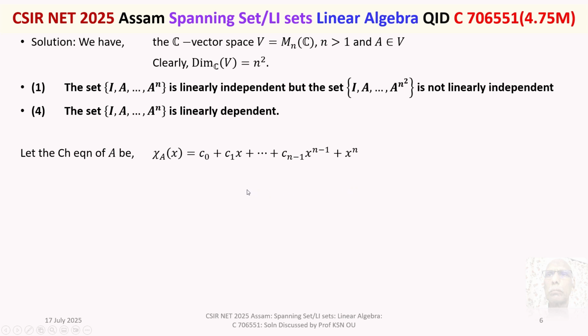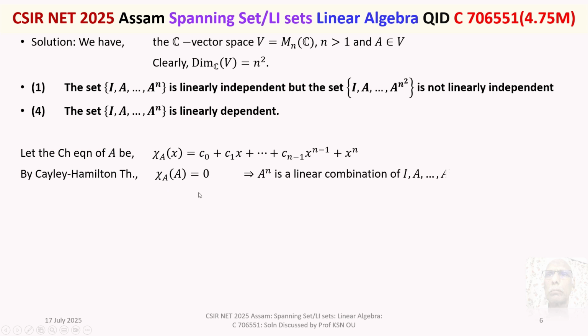By Cayley-Hamilton theorem, every square matrix satisfies its own characteristic equation. That means chi A of A is equal to 0. That means to say C0I plus C1A plus etc., plus Cn minus 1A to the power of n minus 1 plus A power n is 0. Then A power n can be written as minus C0I minus C1A minus etc., minus Cn minus 1 into A to the power of n minus 1.